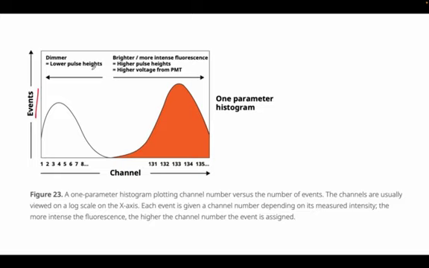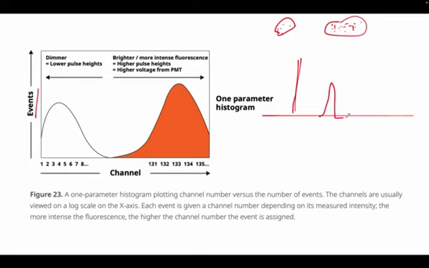So here you can see that if I have two cells, and I'm looking at the expression of a fluorescent protein, and one cell has a very low expression, the other cell has high expression, then for the cell with low expression, I'll get a peak here, whereas for the cell with high expression, I'll get a peak here.